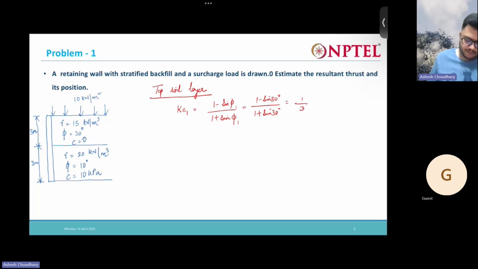First, at the top, due to the surcharge, you will have this rectangular arrangement, which is nothing but 10 times Ka, and you will have one more angular arrangement, which is nothing but 15 times 3 times Ka. So my small Pa1 is 10 into 1 by 3.